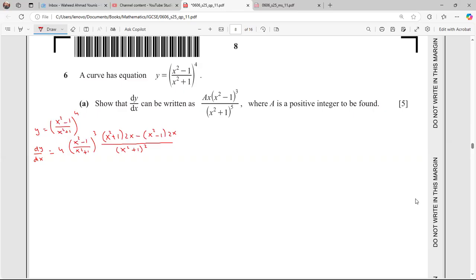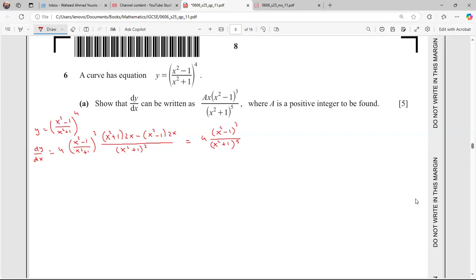Okay, so let's try to simplify it a little bit. It is going to be 4 and (x square minus 1) power 3, and denominator is going to be (x square plus 1) power 3 plus 2, 5.